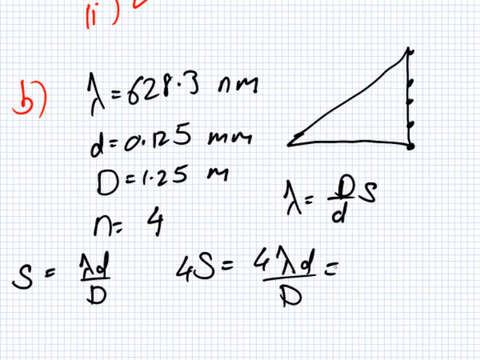Nano is minus 9, isn't it? And milli is minus 3. Are you sure it was upside down, Tekken?